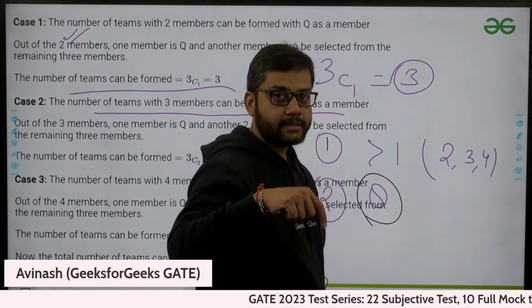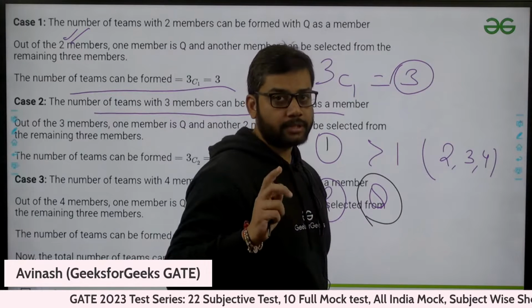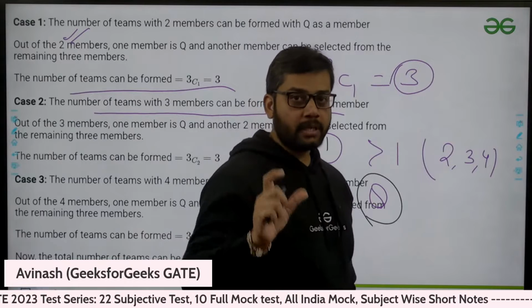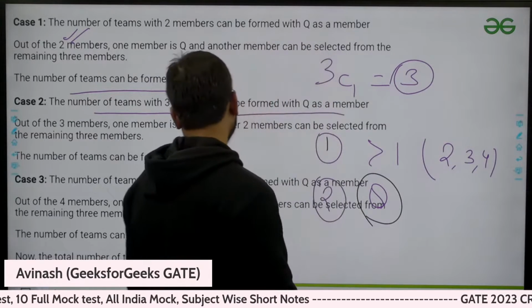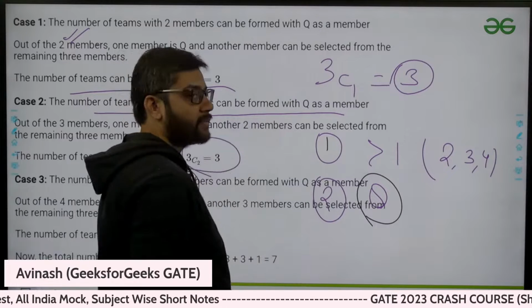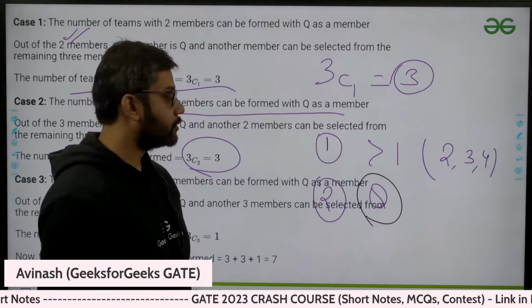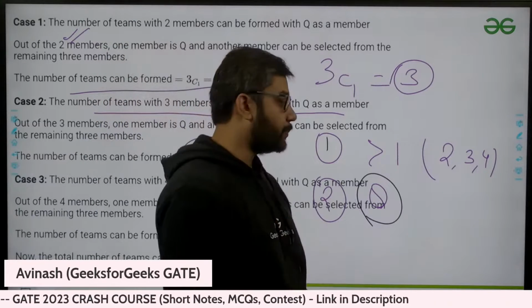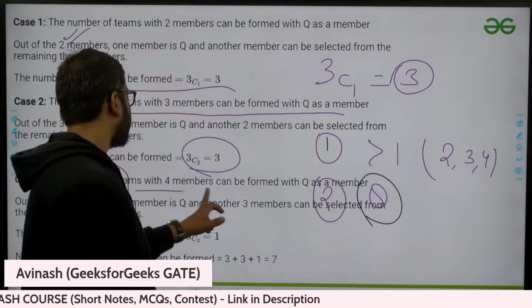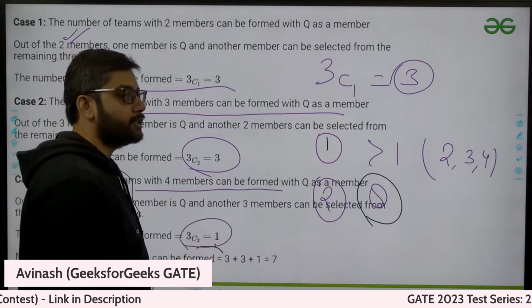Now we are coming to 3 members: there are 3 people and Q is a member, so 2 is definitely there. So the possibility will be 3C2, right? Because Q should be there and only 3 people are possible. And if we are considering 4 people, with Q as a member, in that case 3C3.